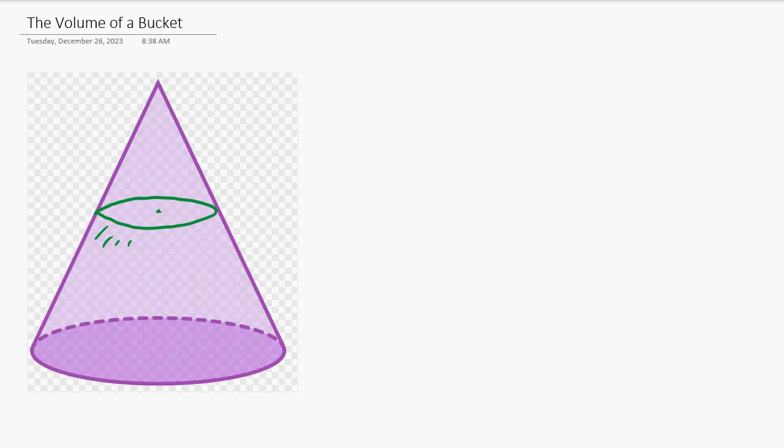So what we do is we get the cone volume and subtract the small cone. This is the small cone here, and this is the large cone. So if we know the cone's volume, then the bucket we can just calculate it.